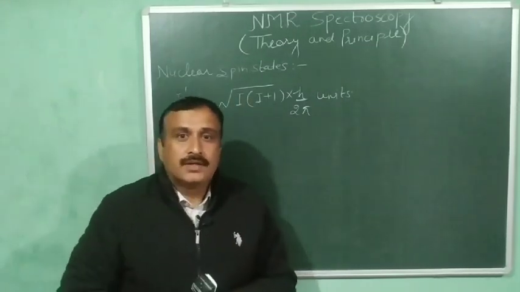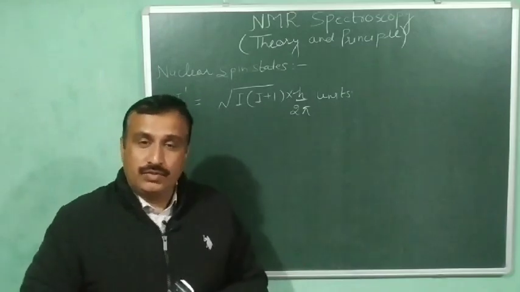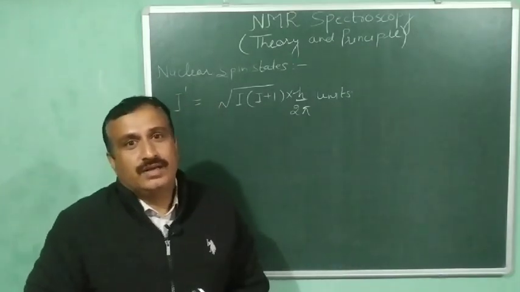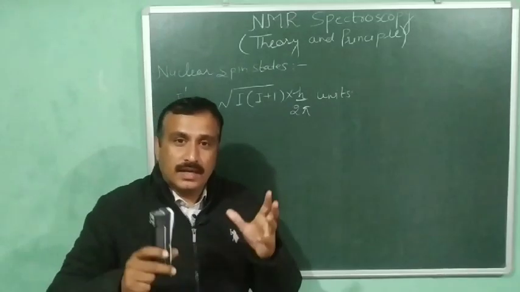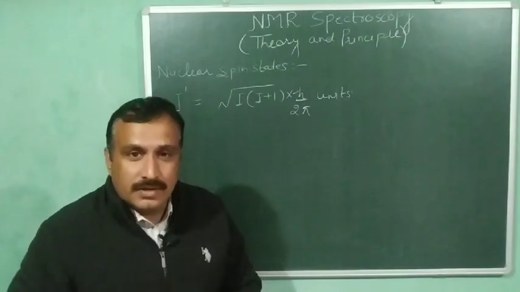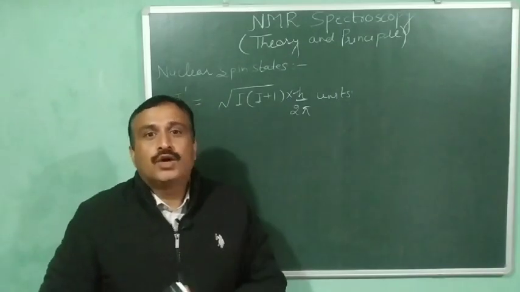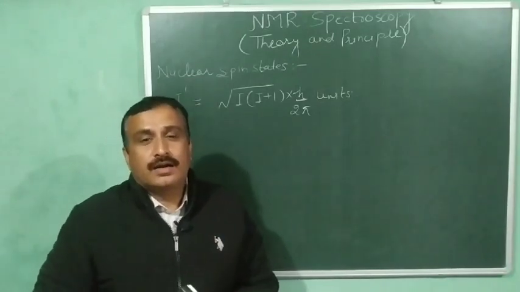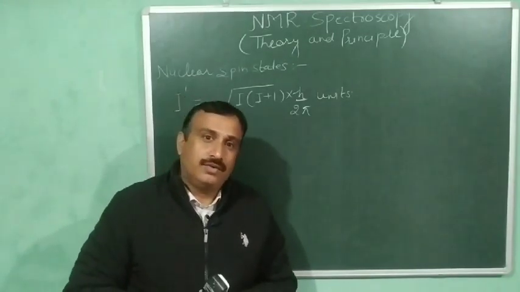So students, this angular momentum is a vector quantity and it has both magnitude as well as direction. But this angular momentum vector cannot point in any arbitrary direction. It will point only in those directions in which its components are either integral or half integral.